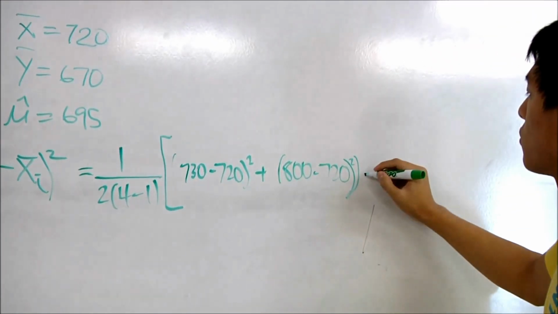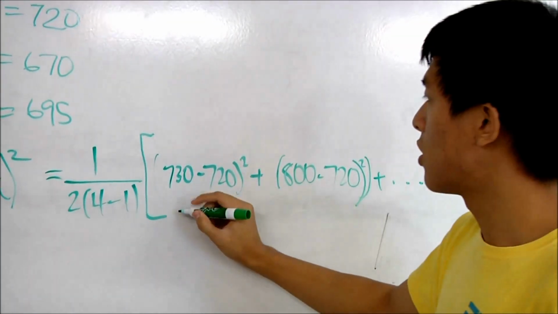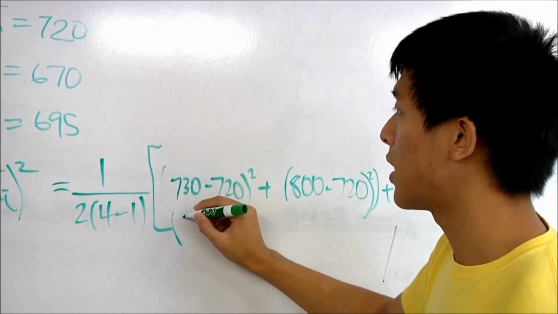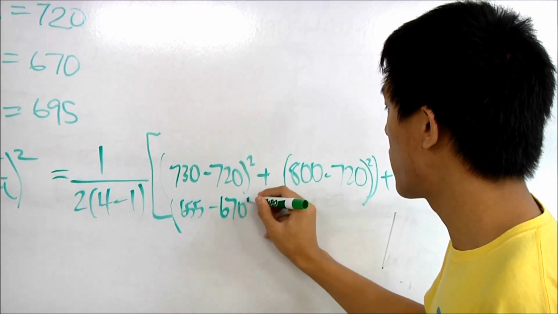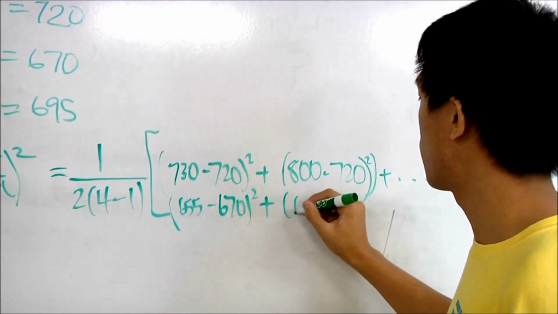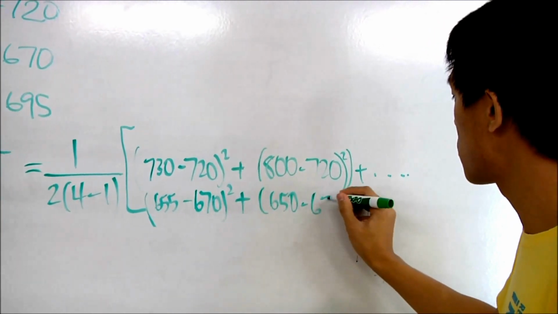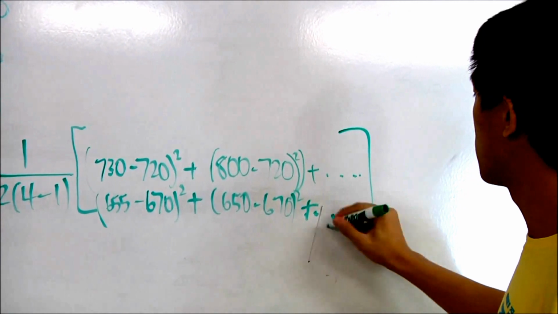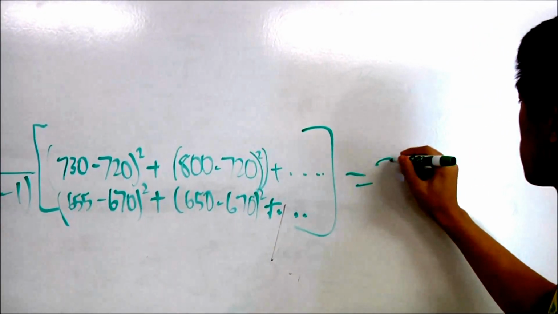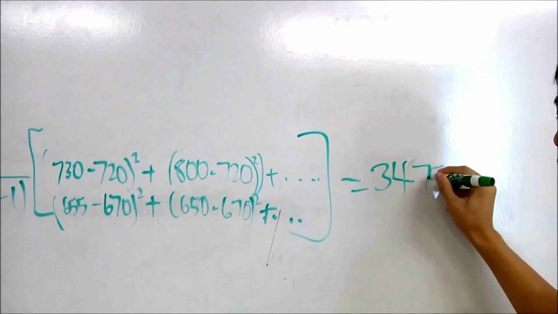Apologies. And you continue that, and then for the Y part, you have 655 minus 670 squared plus 650 minus 670 squared, and you continue that as well. And then the total that you should get is 3,475.